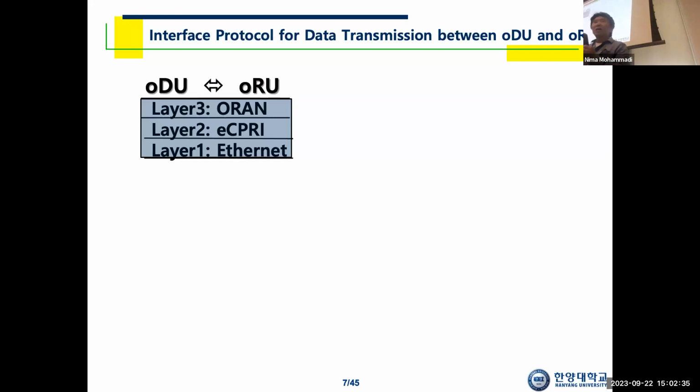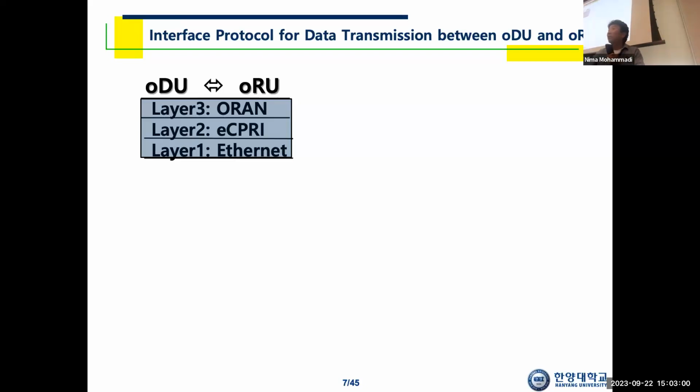Let me give you then how the C-plane data and U-plane data is transmitted between ODU and ORU using eCPRI protocol. All right? We use this 3-layered protocol stack for the transmission of U-plane data and C-plane data. Okay? You have ODU, ORU.